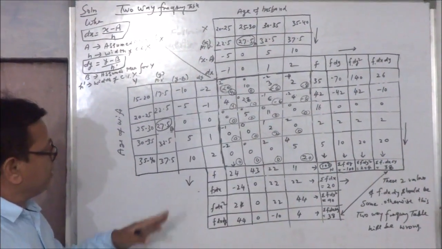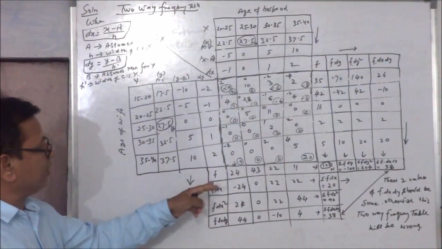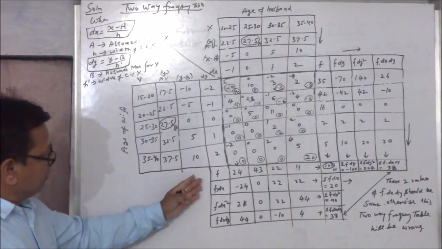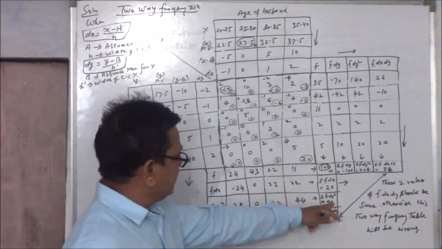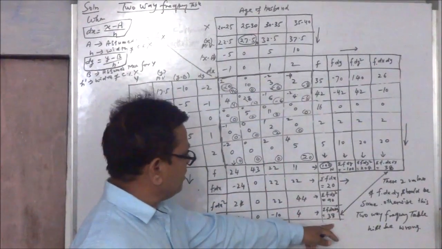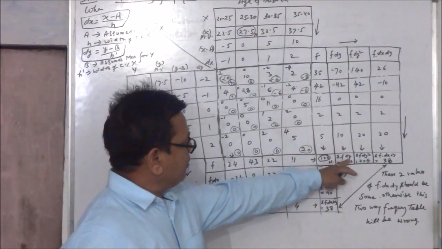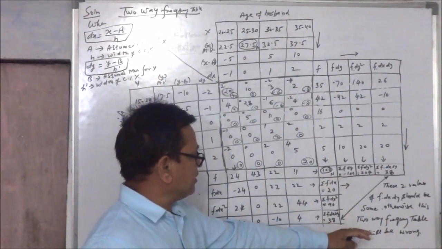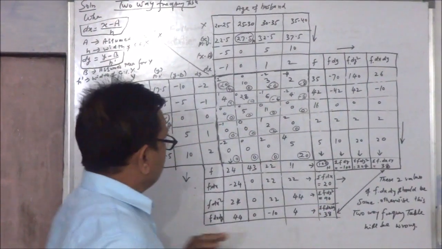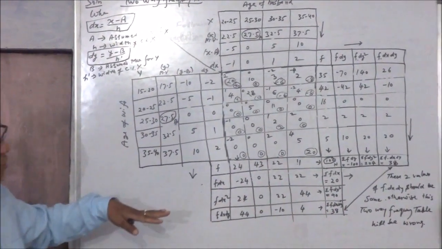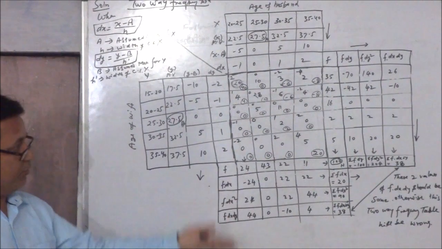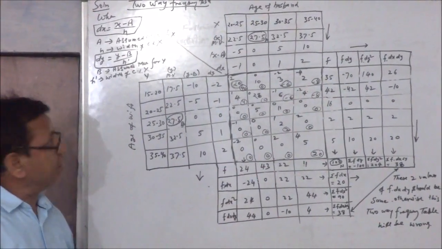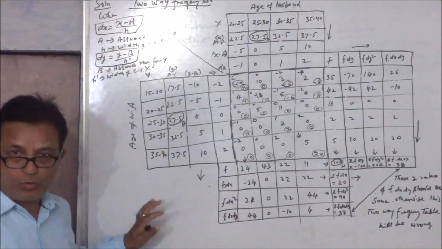It's quite clear the total frequency is n, that is 100, and we have calculated summation f dx, summation f dx square, summation f dy, summation f dy square, and summation f dx into dy. So now we put all the values in the given formula to get the value of the coefficient of correlation for this group data.